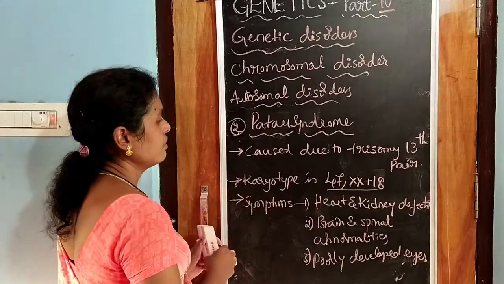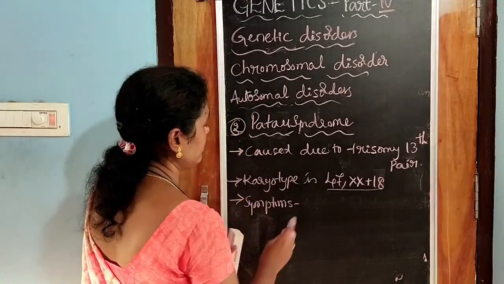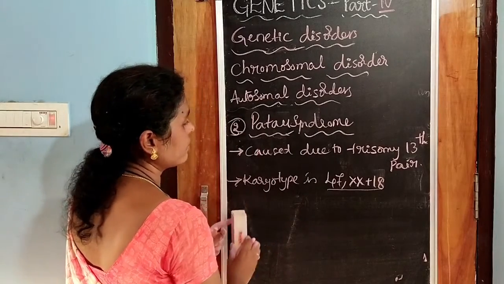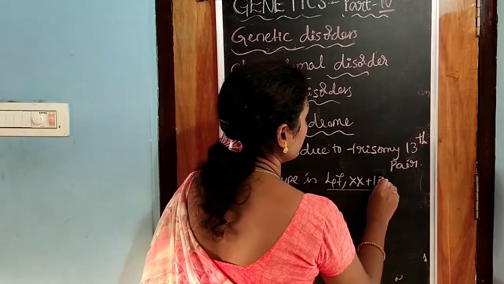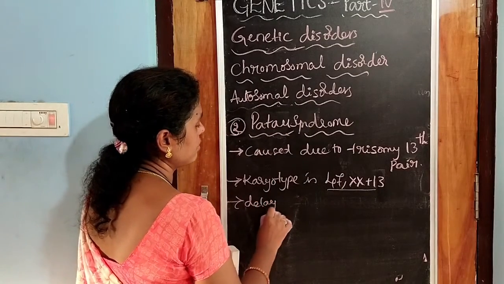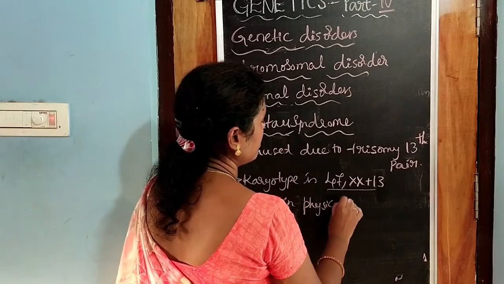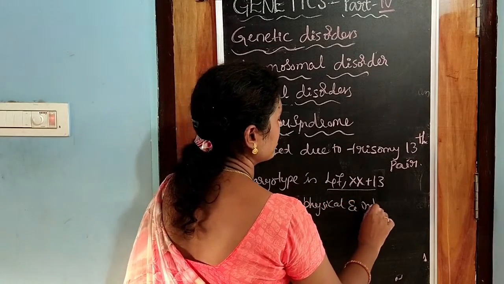The karyotype is 47 XX plus 13. So there is delay in physical and intellectual development.